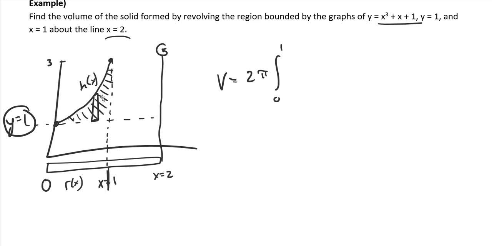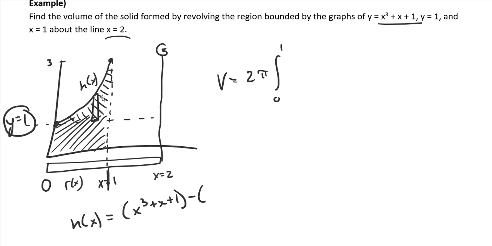That y equals 1, I have to subtract it off, because otherwise, if I don't subtract off that 1, it's going to do all the volume, all of this area all the way down to the x-axis, and I don't want to do that. So h of x is equal to the function minus what that line is, y equals 1, which is x to the third plus x, right? The ones are going to cancel. So this is our h of x, x to the third plus x.